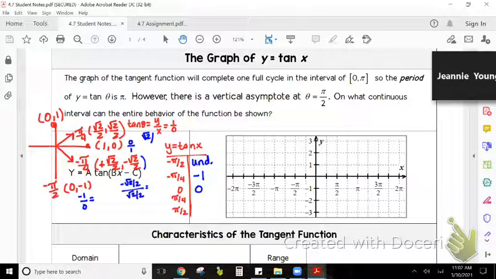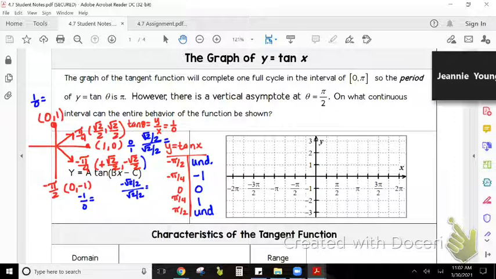So when I do y over x, what's the square root of 2 over 2 over itself? 1. And then up at pi over 2, my x is 0, my y is 1. When I do y over x, I get 1 over 0, which is undefined. And so there's our parent table we're going to use for tangent.